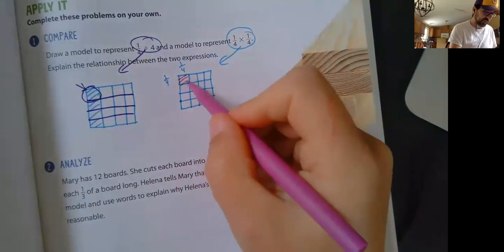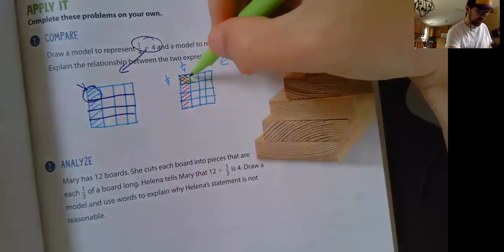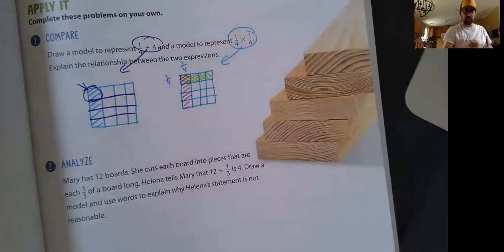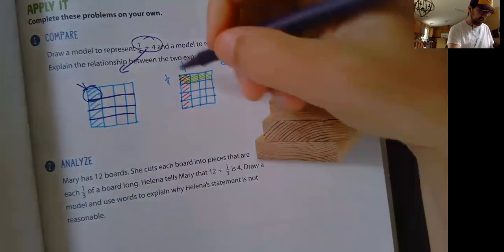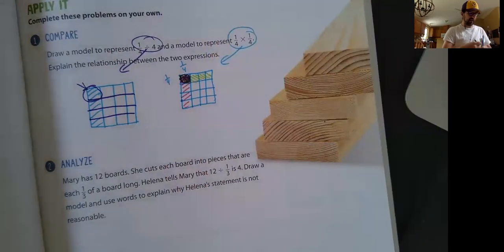If this is representing 1/4 going down this way, then this is representing 1/4 going this way. This overlapping area here, I'm just going to shade it in darker.